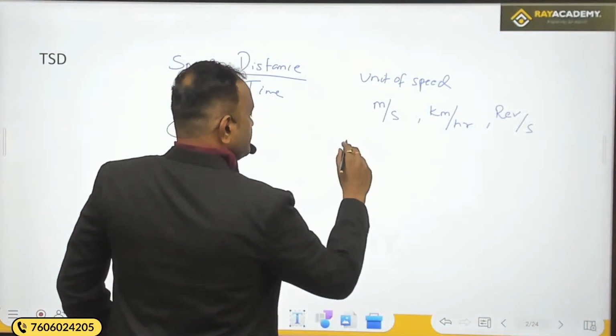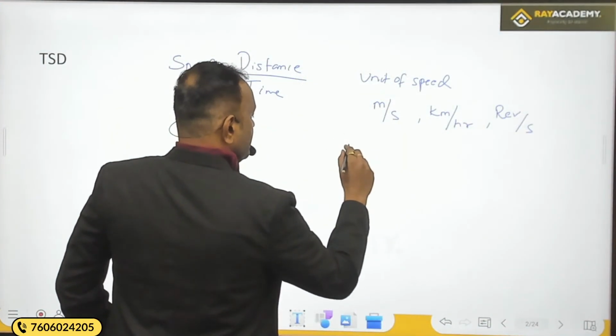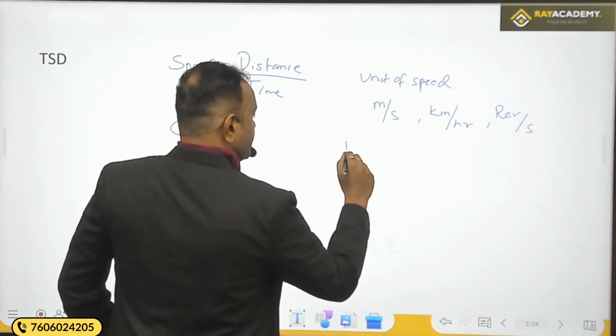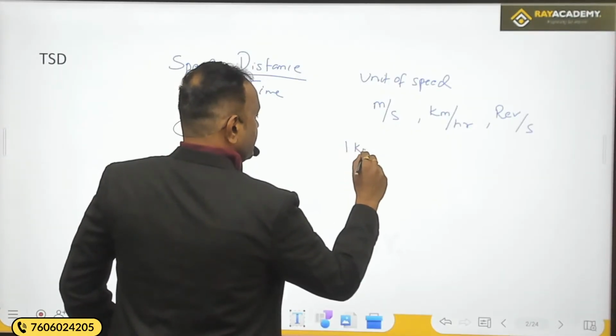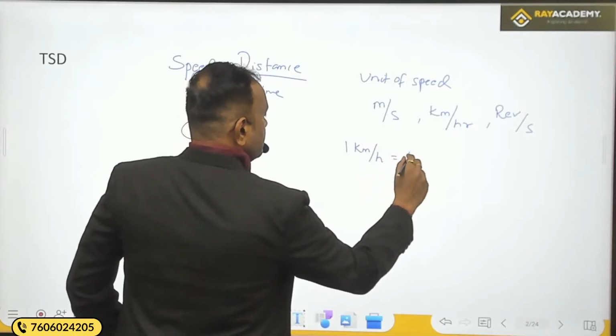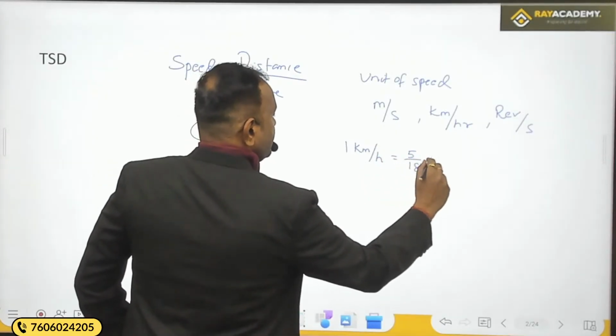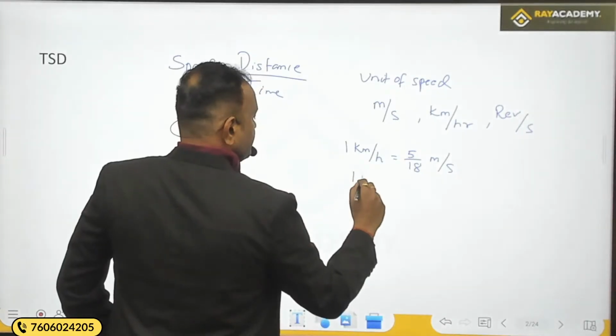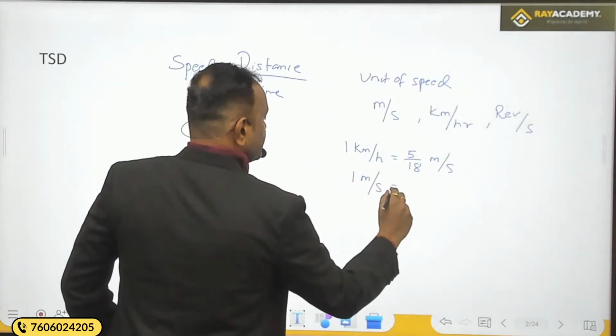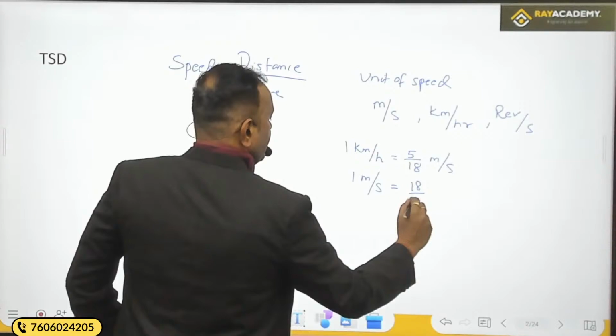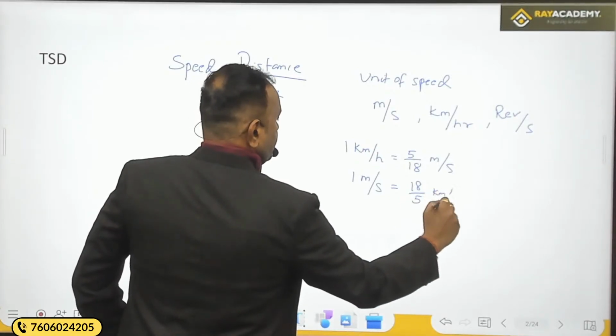In many of the questions you need to convert kilometer per hour to meter per second. So you should know 1 kilometer per hour is 5 by 18 meter per second. Also the reverse one, 1 meter per second is 18 by 5 kilometer per hour.